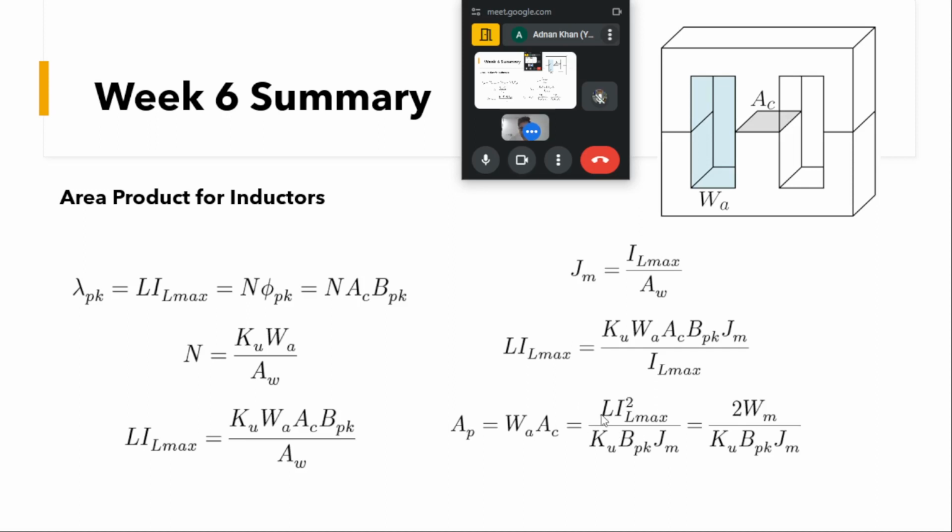So the area product gives us the relation between the energy stored in this magnetic circuit, divided by Ku, the window utilization factor, B peak, the peak magnetic flux density, and J max, the current density. By this formula we should be able to calculate the area product.